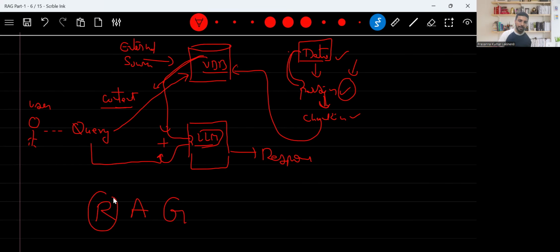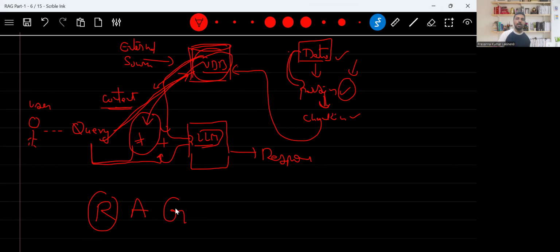The retrieval means the query will be sent to the database. The query context will be compared and we will bring the context-related information as per the query. Now this information and this query will be combined.